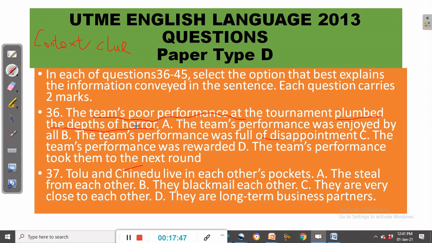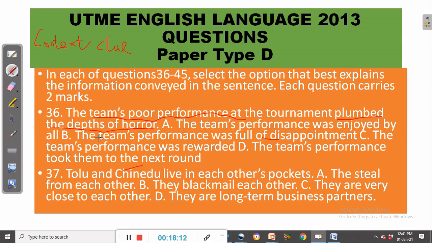Even though you discover actually that to plumb the depth of horror is to elicit disappointment. But even though you don't know that, you can figure it out by looking at the negative pieces of information already contained regarding the team's performance.